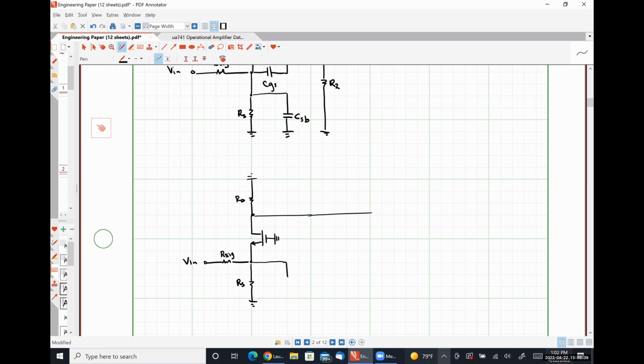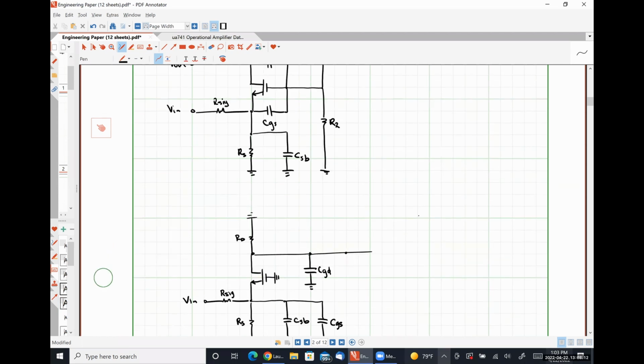RS is in parallel with CSB. And because our gate is at ground, CSB is in parallel with CGS. On the top side here, I know between my drain and ground that I should have CDB, actually, sorry, I should have CDB.